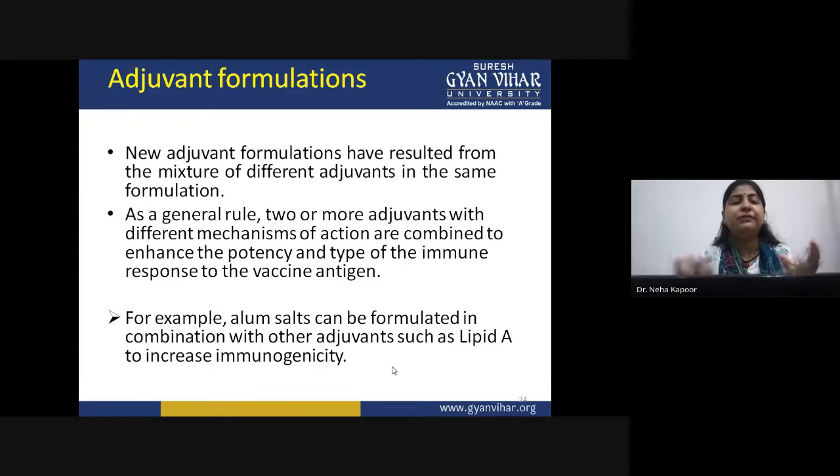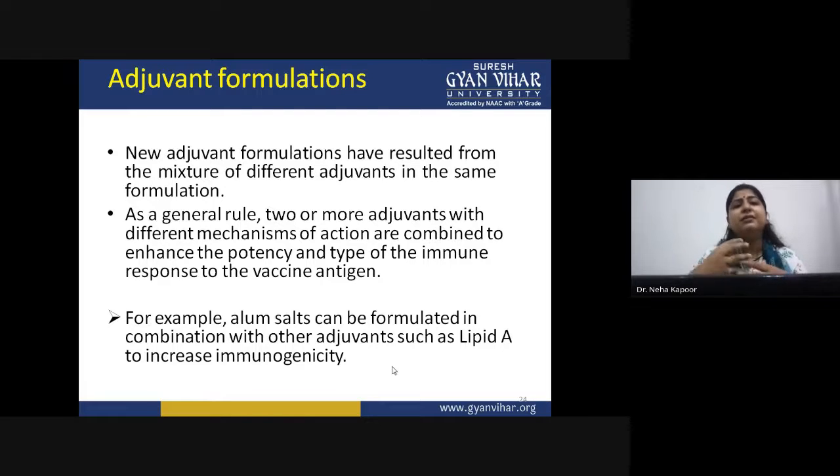The main objective is to enhance the potency and the type of the immune response against the vaccine antigen. For example, alum salts are formulated in the vaccine industry in combination with other adjuvants such as lipid A to increase immunogenicity. That means to mount a strong immune response and increase the efficacy of the vaccine.